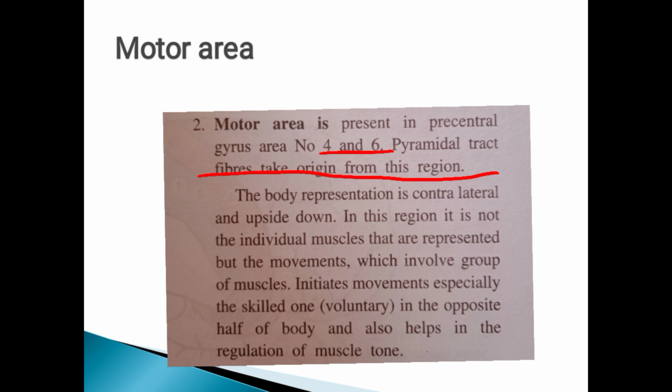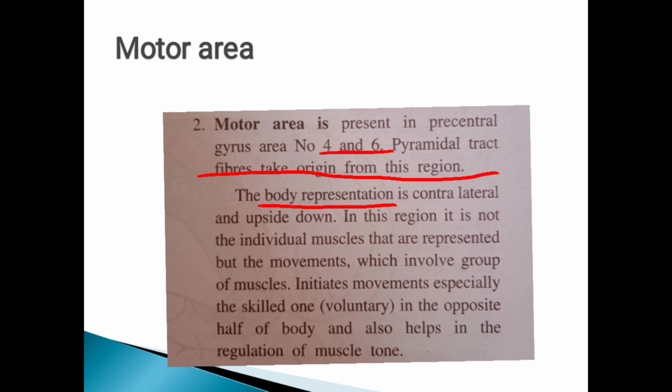One thing we can see in areas 4 and 6 is that your body parts are represented. Whatever body parts you have, everything is represented once again in your brain. We call it the little man.